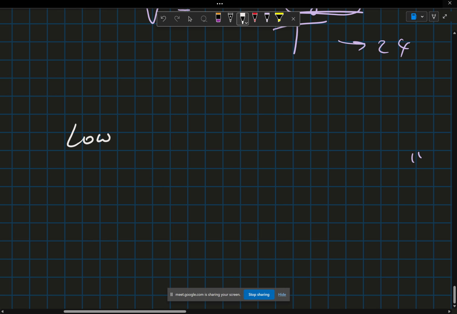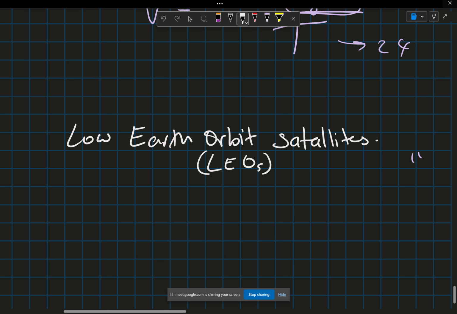Low Earth orbit satellites are such as those used in GPS, which is the global positioning system.